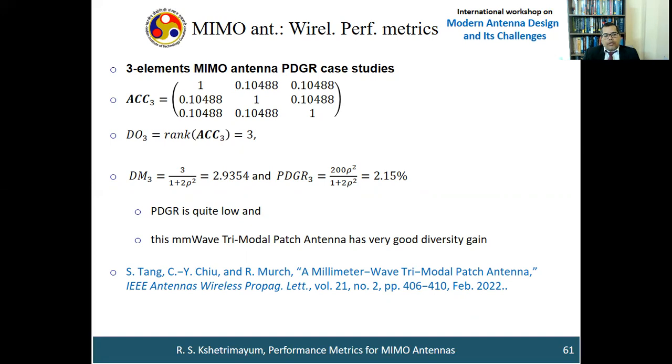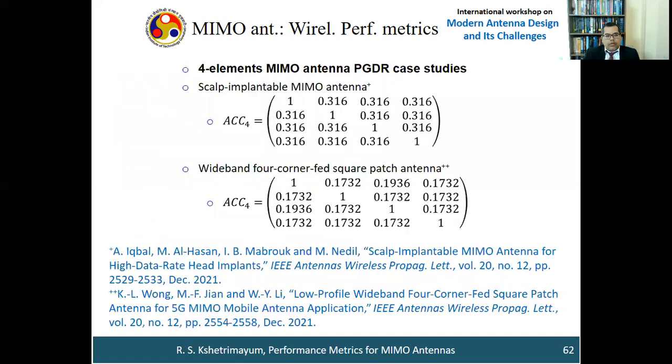And how much is the diversity measure? The diversity measure is 2.959354, and the percentage diversity gain reduction is 2.15. So PGDR is quite low. So this millimeter wave trimodal MIMO antenna will have very good diversity gain performance in wireless communication.